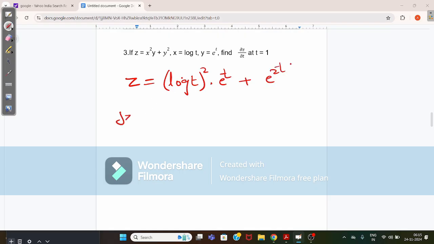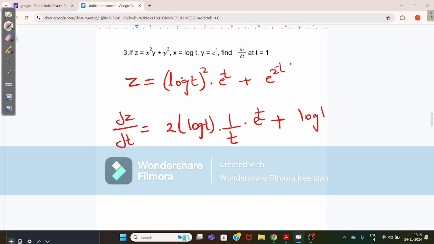So find dou z by dou t, which gives the value 2 into log t. What is the differentiation of log t? 1 by t into e power t plus, now we have to differentiate this, log t whole square into e power t plus e power 2t into 2.